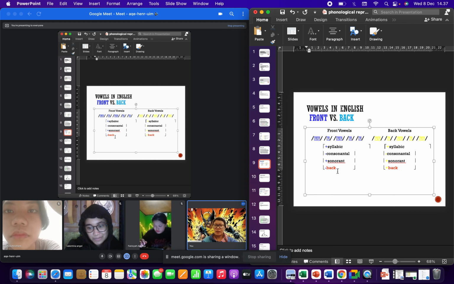It is impossible for a front vowel to also be a back vowel. And then if it is a front vowel, you might see that the syllable will have stress at the beginning. And if you see back vowels here, a back vowel is always plus syllabic.